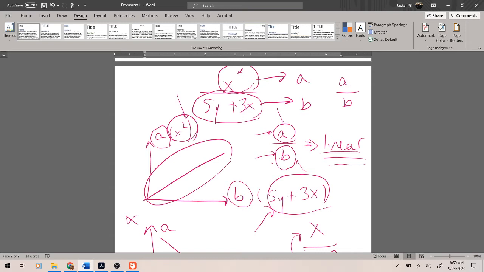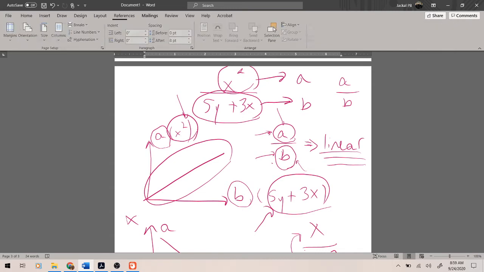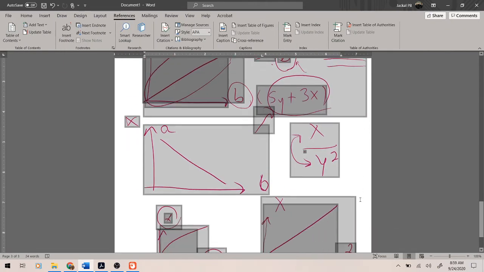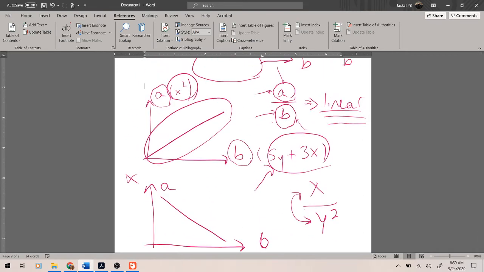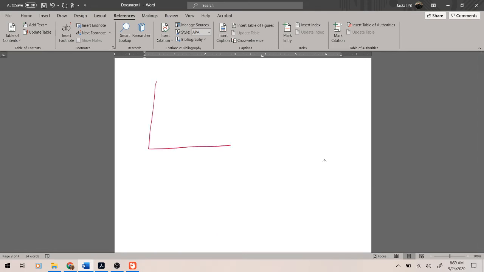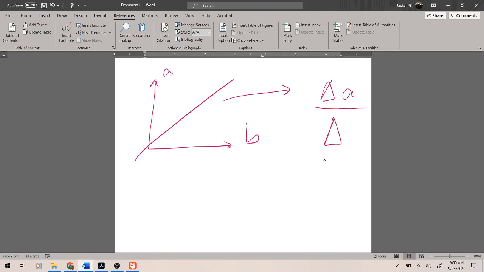Alright, so what is the importance of a linear graph? Slope. So what is slope? Slope is basically the ratio of change. Once you have the a to b graph, slope is going to give you delta a over delta b, meaning change in a divided by change in b.